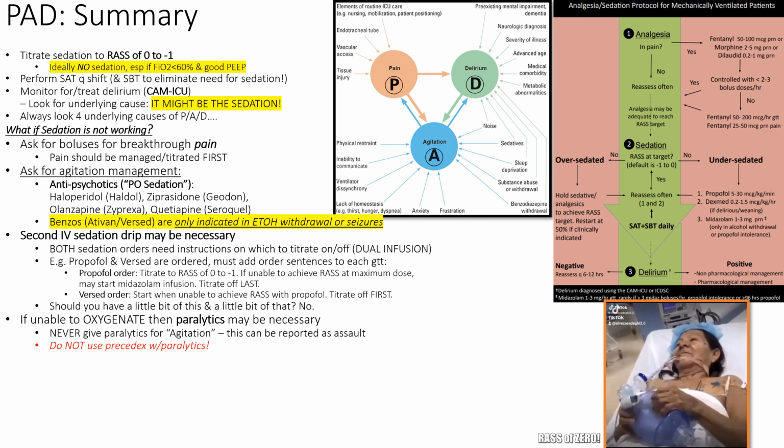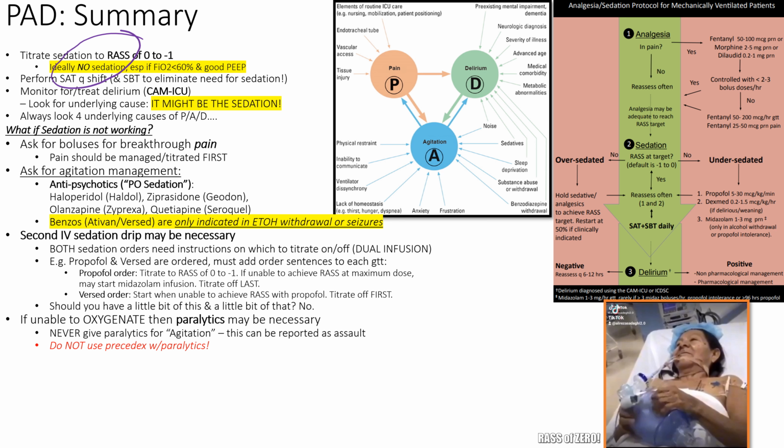All right, so again, the summary is no sedation is ideal. If we can transition from IV to PO, perfect, right? 0 to -1 is what we want. We want to do an SAT every shift, get them off sedation, because if they're on 50 mics of propofol, and you go to 0, and then what happens if they fail that SAT? You have to restart sedation, right? Back at 50?